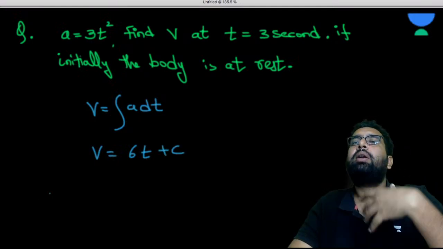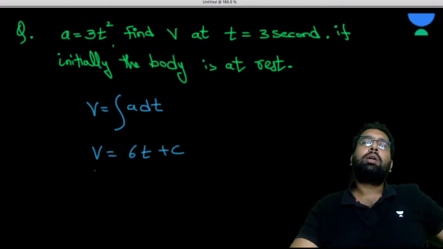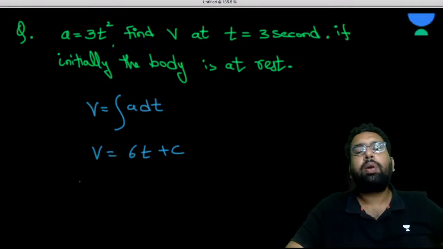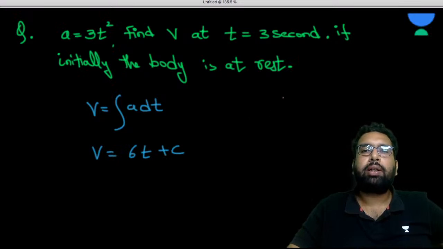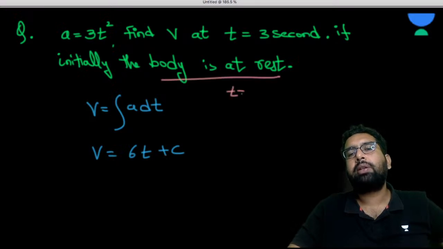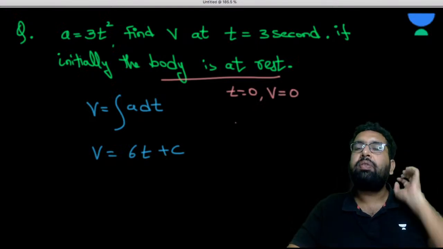Again, since we are using an indefinite integral, we are going to have a constant of integration too. Now in this case, what is going to happen? If initially the body is at rest, what is the information given? Initially the body is at rest, that is t is equal to 0, and body at rest means the velocity is 0.